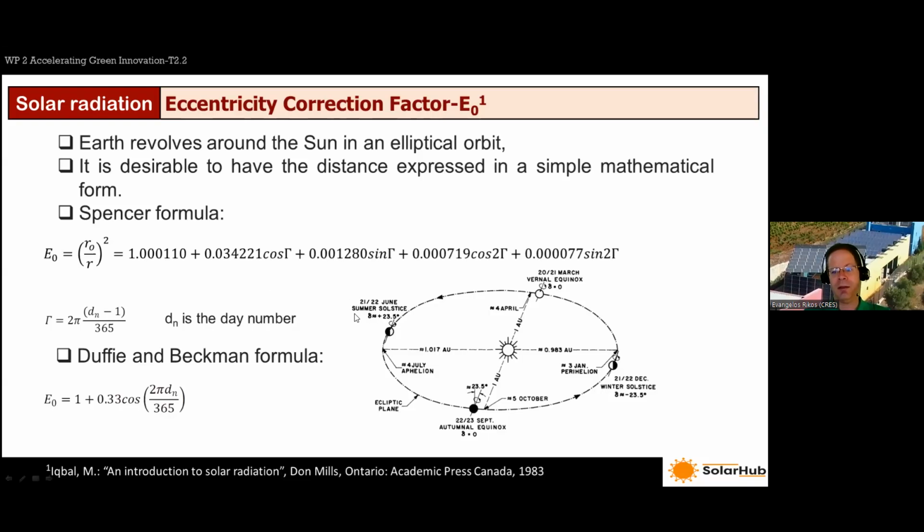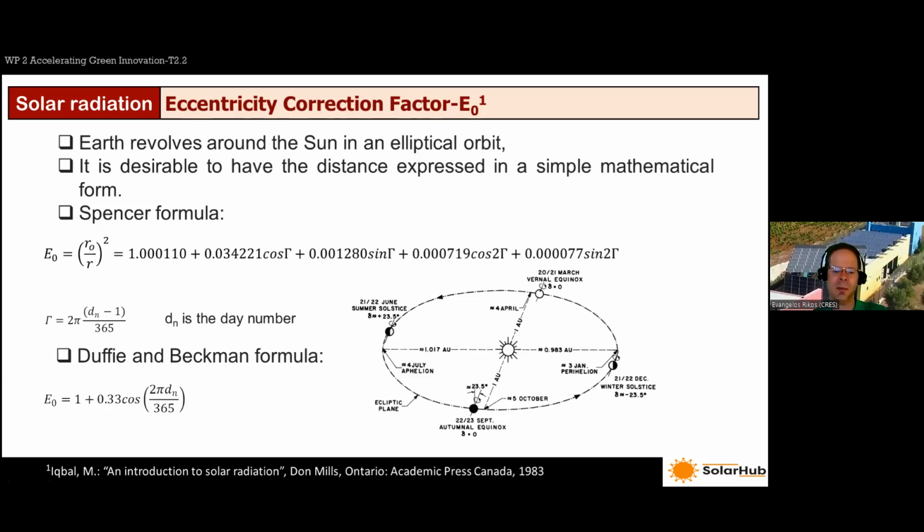However, despite the precision that this formula provides, sometimes it's not so useful to have such a complicated mathematical algorithm in order to calculate a small deviation of this eccentricity. So sometimes scientists and researchers prefer more simplified formulas, like the one provided by Duffie and Beckman here, which gives a much more compact representation of A0 as a function of the day number.